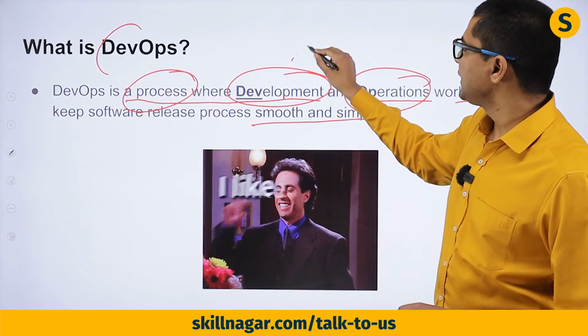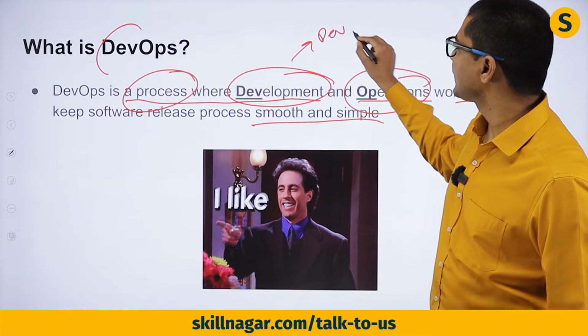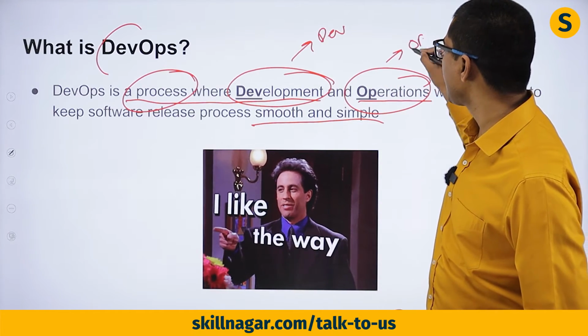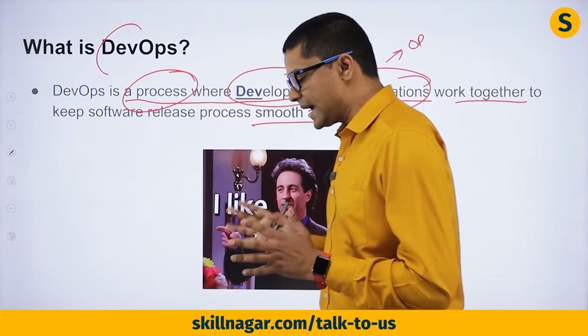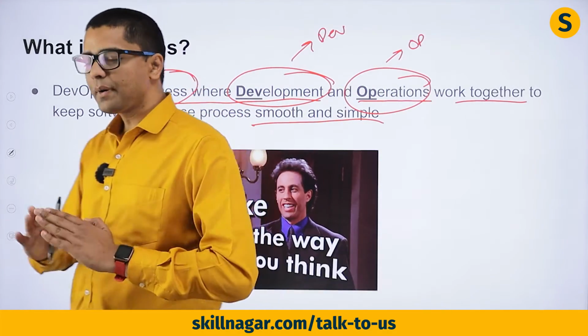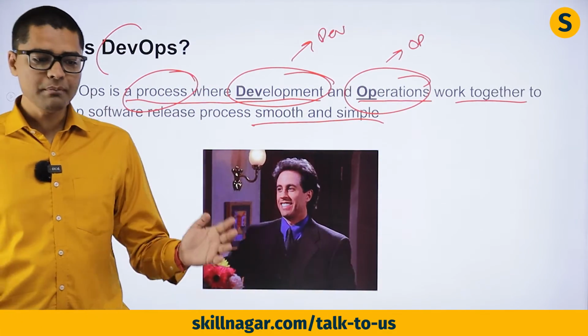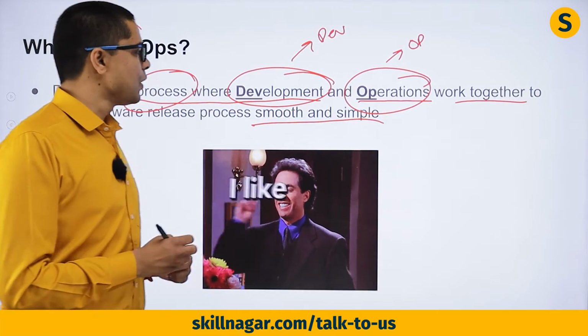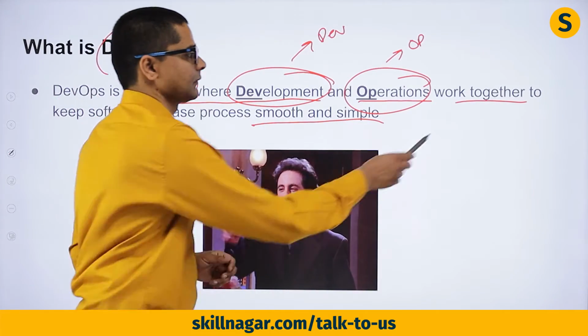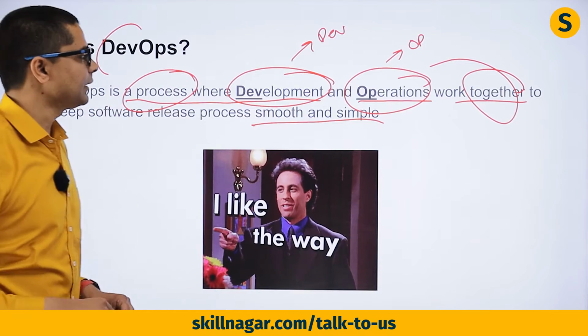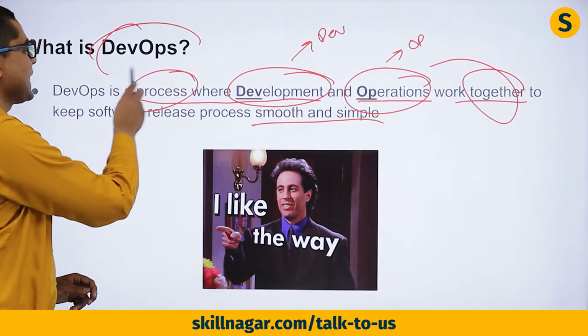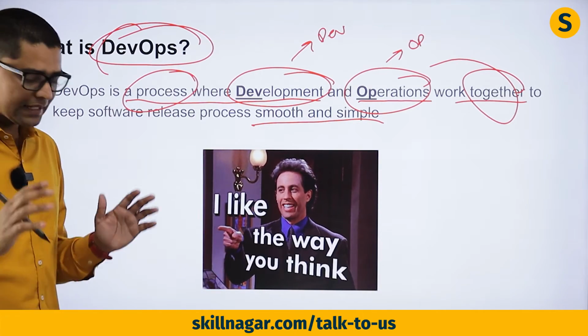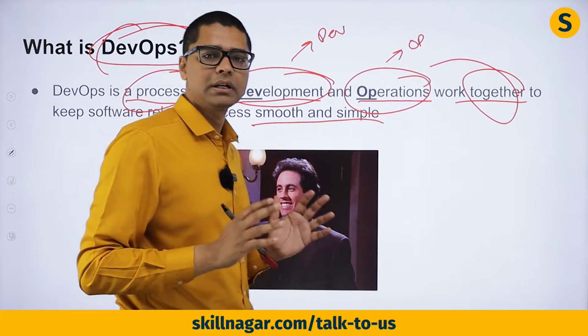What is the role of the development team? To develop something. What is the role of the operations team? To make sure that the application is up and running for the end user. Now, obviously, these two departments are different, and to make them work together, we use something which is known as DevOps. And this is what DevOps is in very, very simple terms.